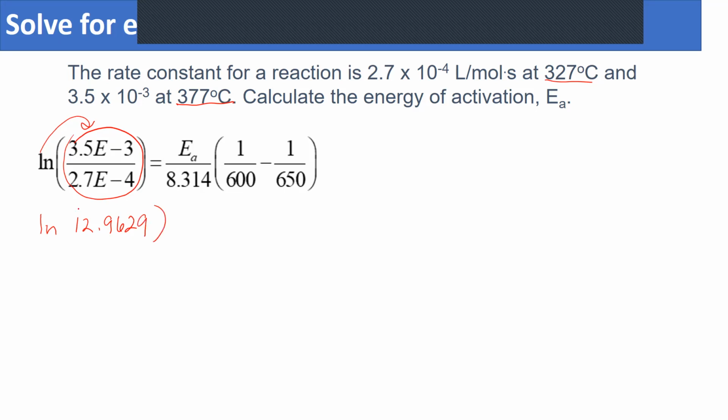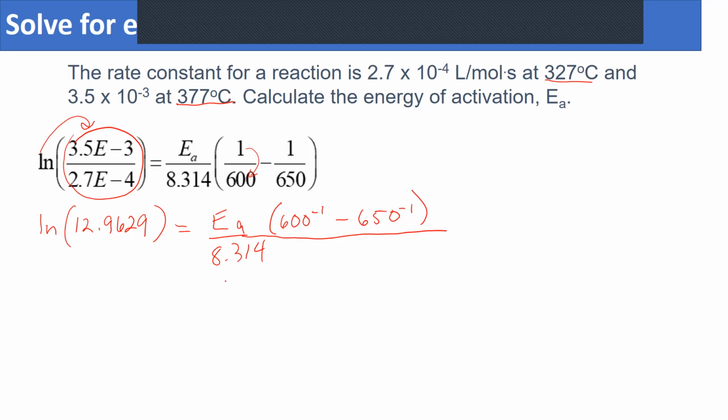When possible, carry all the digits in your calculator. On the other side of the equation, I'm going to rewrite that temperature part as 600 inverse minus 650 inverse, because that's all 1 divided by a number is. It's that number inverted, so that you can see that it ends up in the numerator.